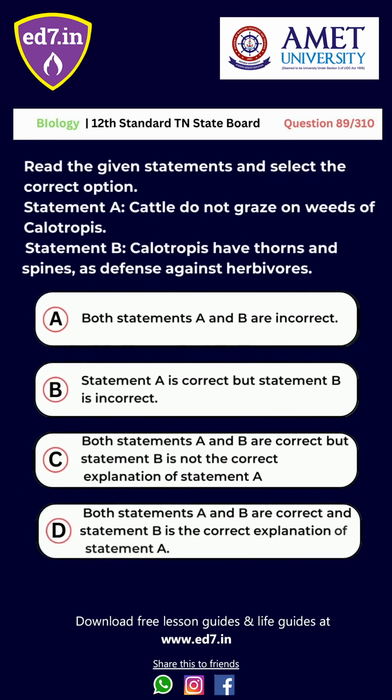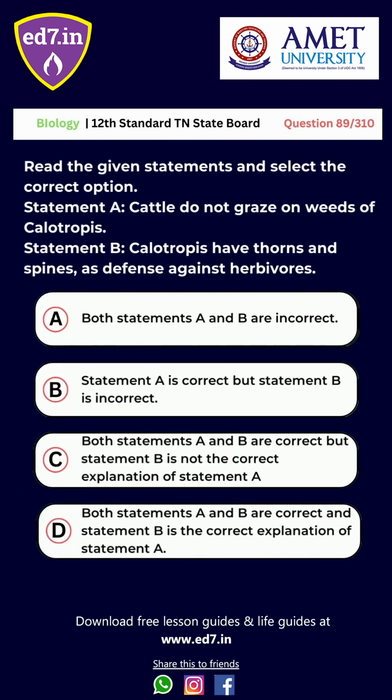Question number 89. Read the given statements and select the correct option. Statement A. Cattle do not graze on weeds of Calotropis. Statement B. Calotropis have thorns and spines as defense against herbivores. Option A. Both statements A and B are incorrect. B. Statement A is correct, B is incorrect.